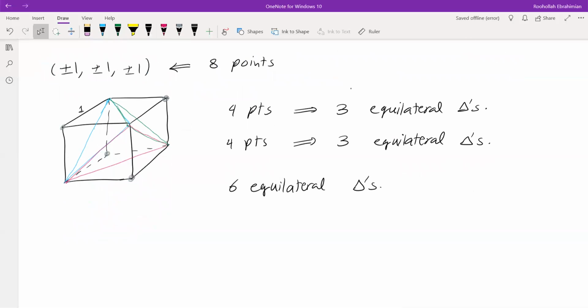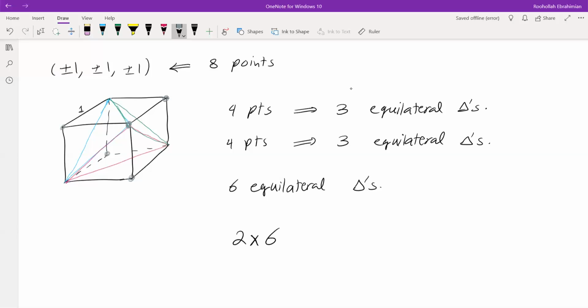And from these 6 equilateral triangles, I can choose at most 2 of the vertices of each one of them. So that means I will be choosing 2 times 6 vertices. If I choose 2 of each, then I'm not going to get any equilateral triangle. But every vertex that I choose is going to be appearing 3 times, because if you look at this vertex right here, it appears in 3 equilateral triangles.